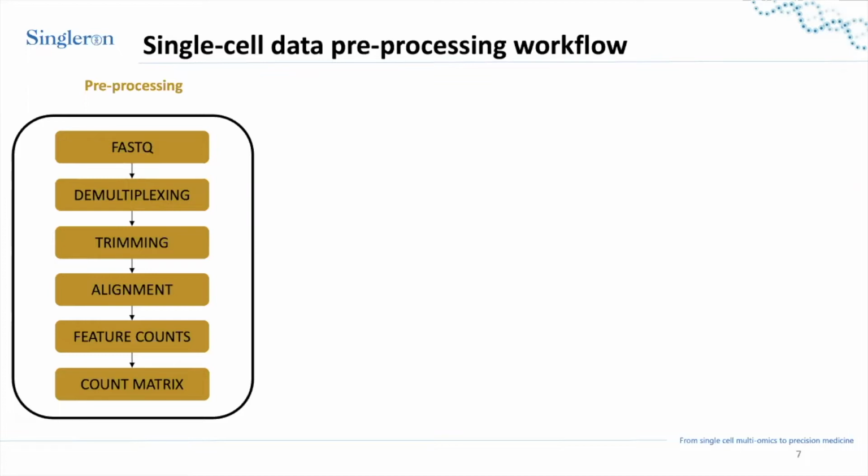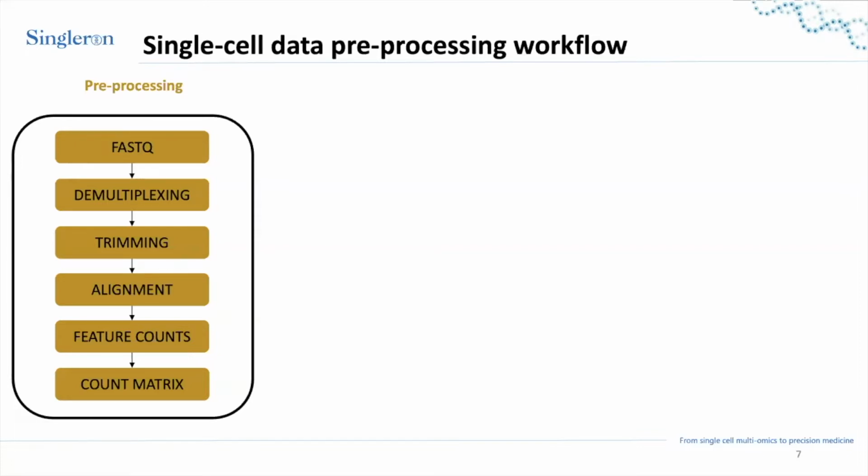The next step is the trimming, where the low quality components of the reads or the poly T part of the reads will be trimmed off. With the cleaner reads, the alignment will be performed, and from the alignment we will know which gene these UMI molecules map to.